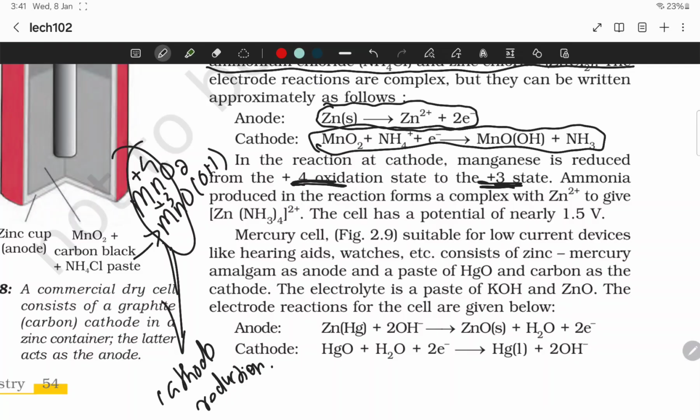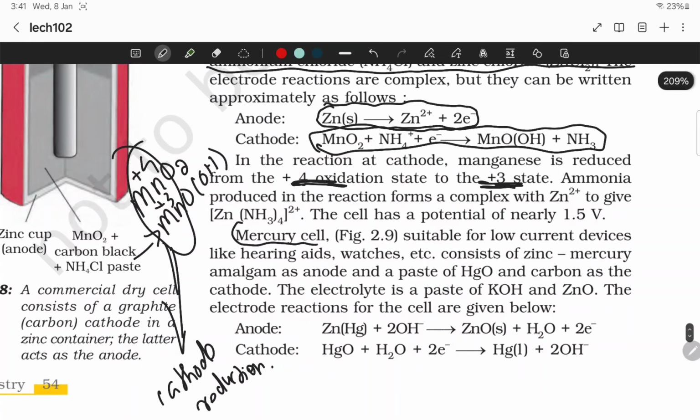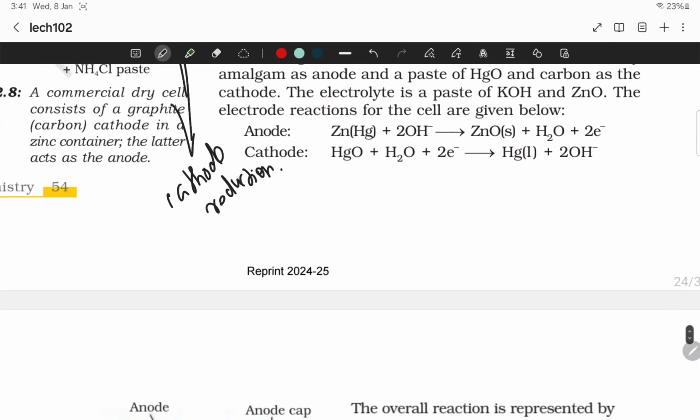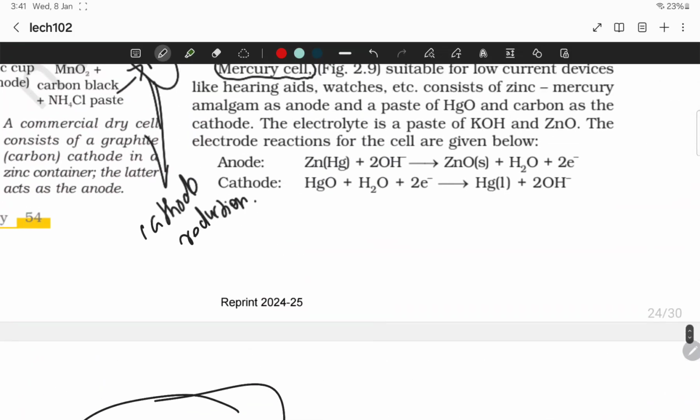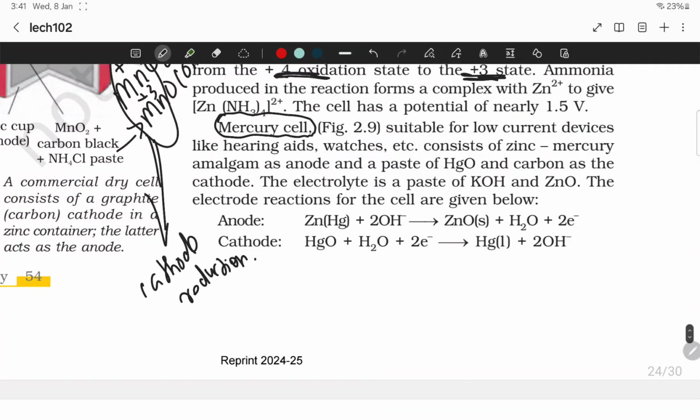Now we come to the next example of a primary cell, the mercury cell, which we use in hearing aids, the small silver-colored cell. This is called a mercury cell. It is suitable for low-current devices like hearing aids, watches, etc. What is the anode?